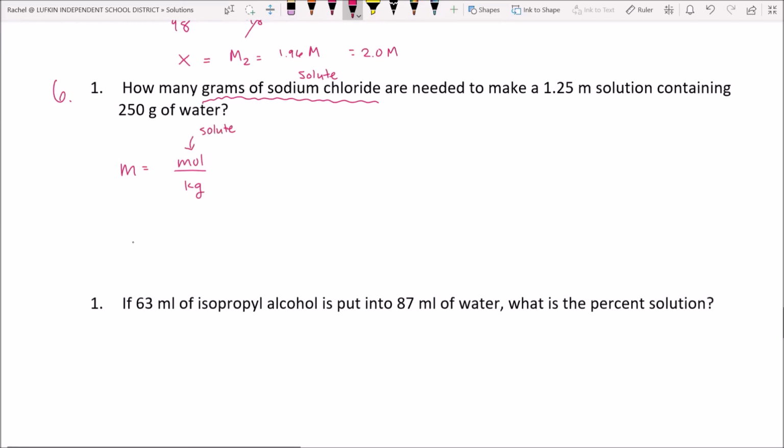So our m is 1.25, right? And then we can kind of break it down to be really neat. Our m is 1.25, and then our solvent is 250 grams of water divided by 1,000. So it's going to be 0.250 kilograms.